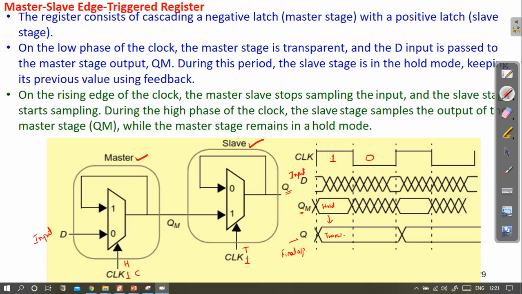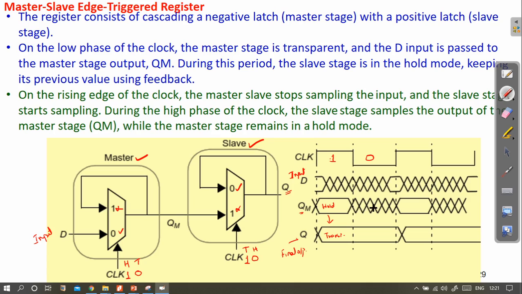Clock is going low here, this becomes active, this non-active, this becomes active, and this inactive. So this external input now can pass to the output of this master stage, and this enters into transparent, and this one will be in hold state. So master is in transparent mode.